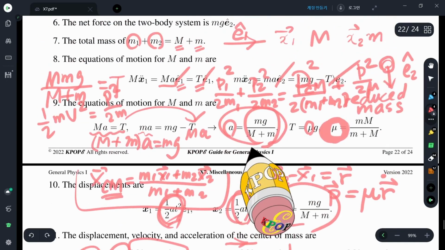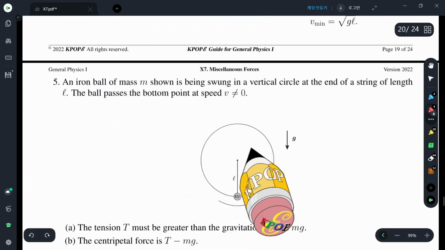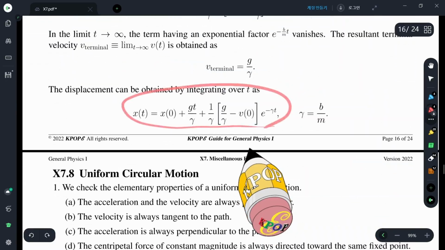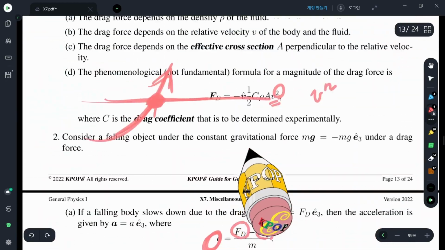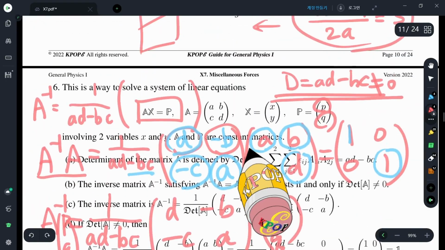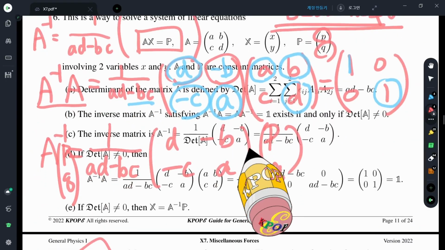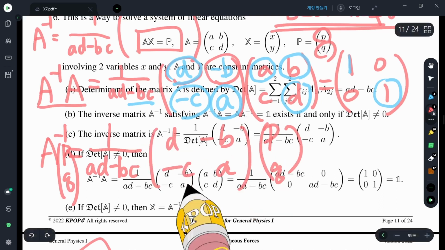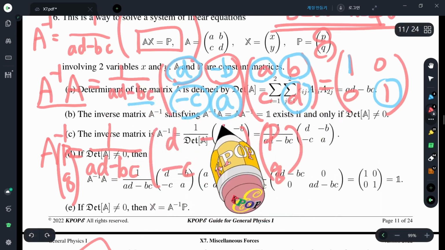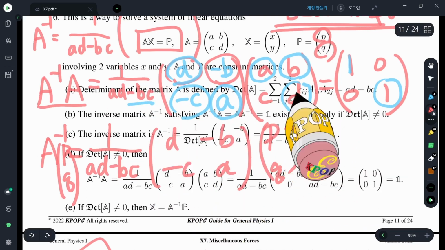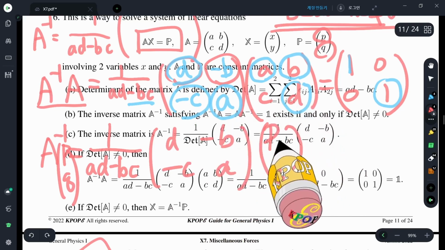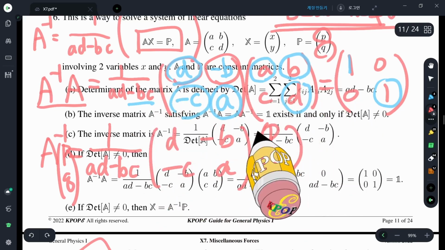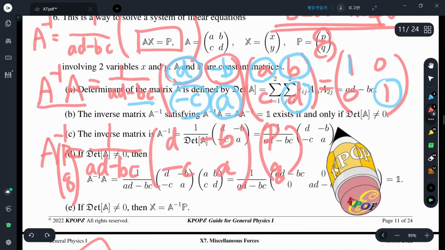Anyway, today we learned a lot, especially about the big barrier. Most students who learn physics complain, I do not know mathematics, so I cannot solve the system of linear equations. Why not? It's very simple. That's wrong. Just follow.